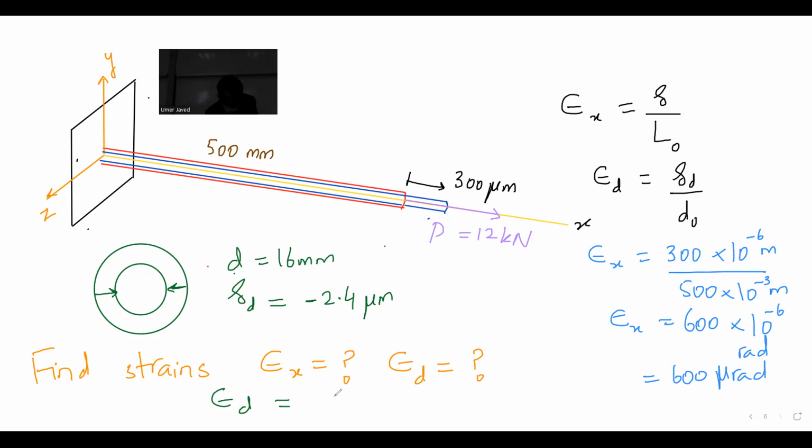So epsilon d is the change in diameter over the original diameter, which is equal to minus 2.4 into 10 power minus 6 over 16 into 10 power minus 3, which is minus 150.